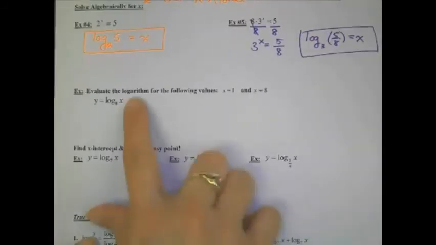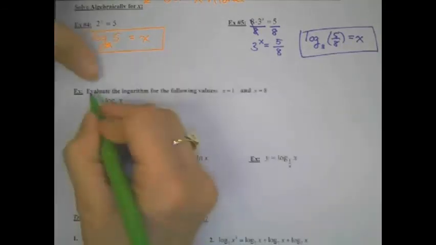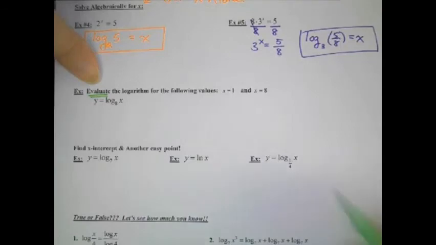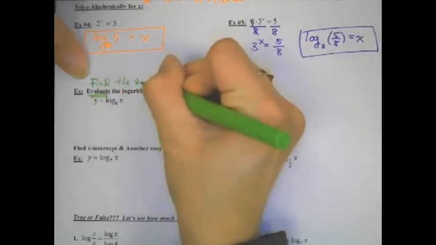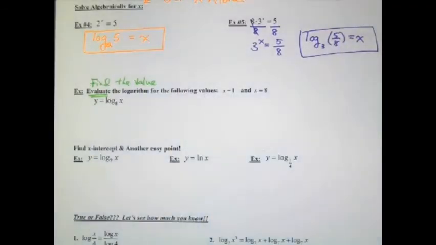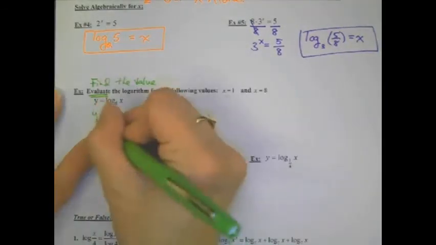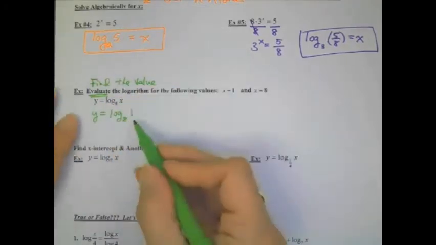We're going to evaluate this log here for a couple of values. Evaluate means plug in the number, calculate, and find the value. Okay, let's find the value. The first input is going to be 1. If I plug in a 1, log base 8 of 1. Oh, that looks like a rule.